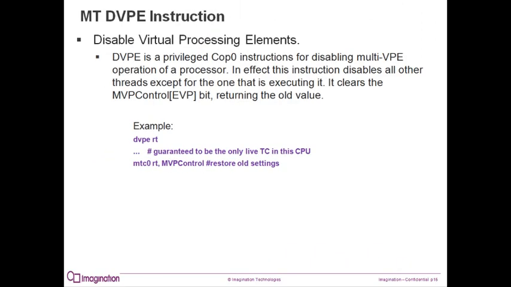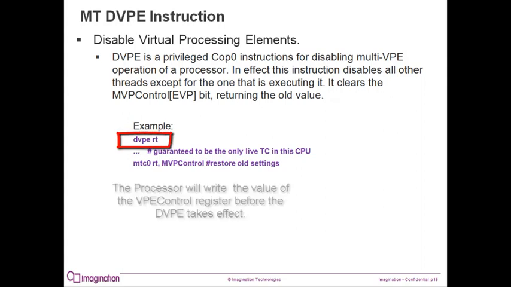The Disable Virtual Processing Elements instruction disables all multi-threading, including any other TCs affiliated with other VPEs, leaving the current thread running alone. The DVPE instruction takes one register as output. This register will contain the value of the VPE control register before the DVPE took effect.